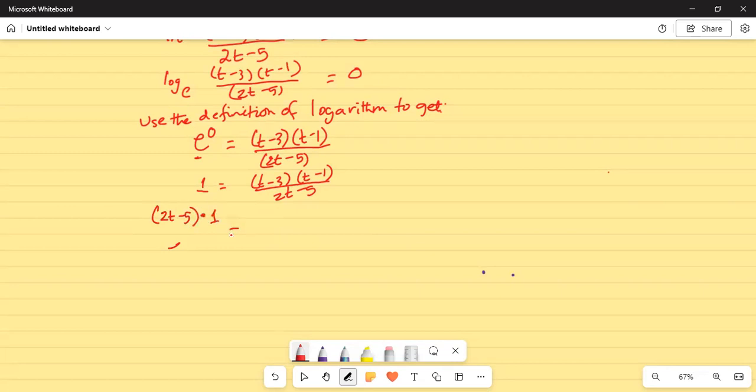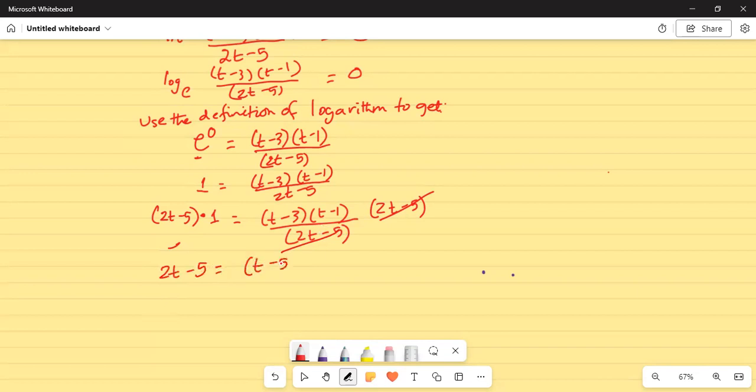Multiplied by 1 is equal to, let me write it in a better way, t minus 3 times t minus 1 divided by 2t minus 5, and I multiplied by 2t minus 5 on the right-hand side as well as the left-hand side. That means this and this will cancel. So you'll be left with 2t minus 5 is equal to t minus 3 times t minus 1.